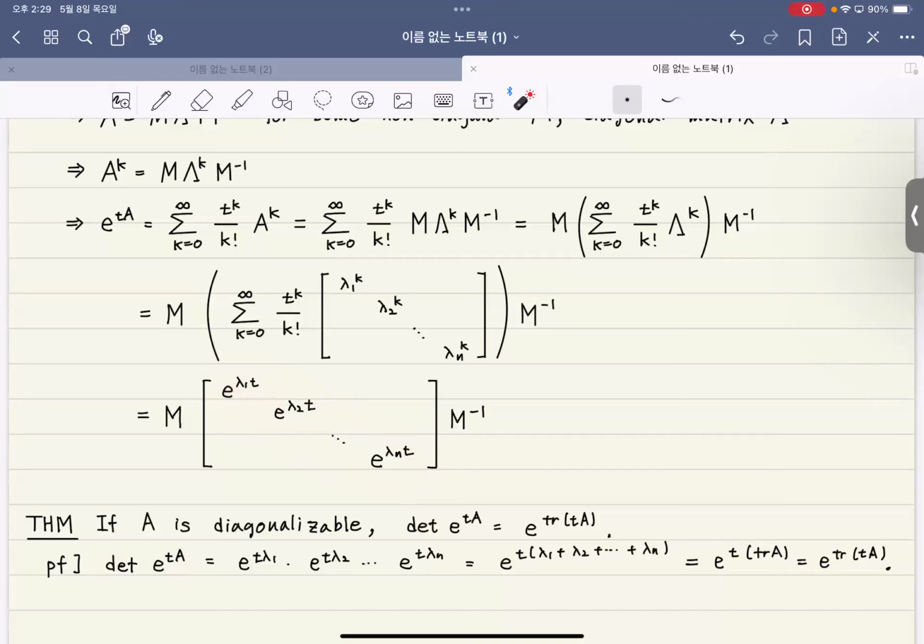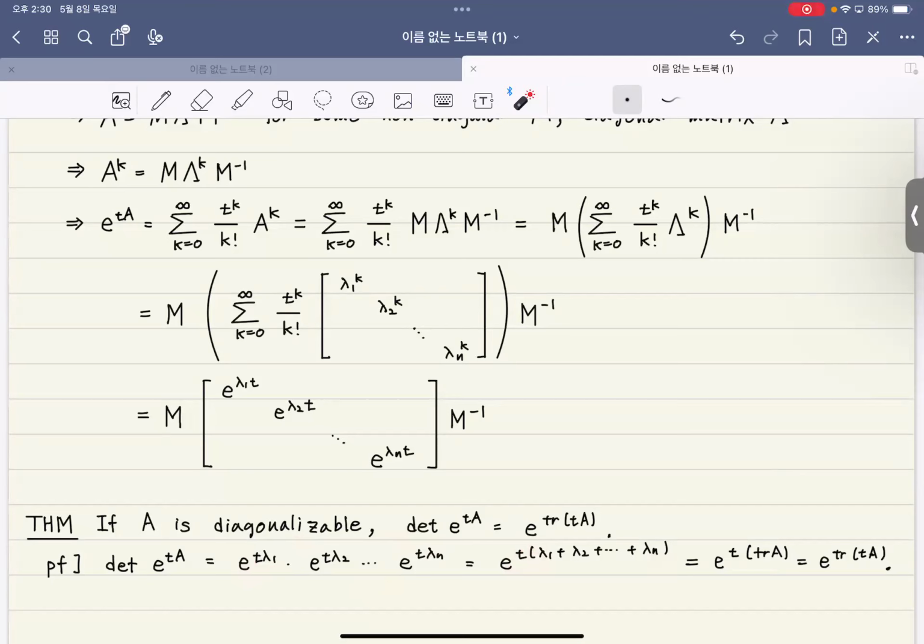So this determinant is the product of each of these diagonals, like this. But this is e to the t times lambda 1 up to e to the t times lambda n, right? This is just a regular exponential, an exponential function from calculus. So this guy should be this.